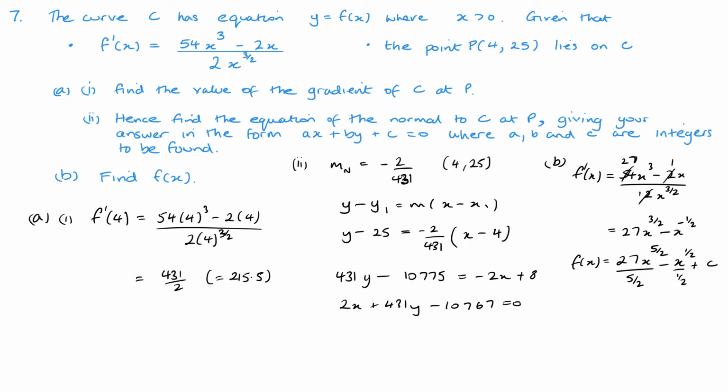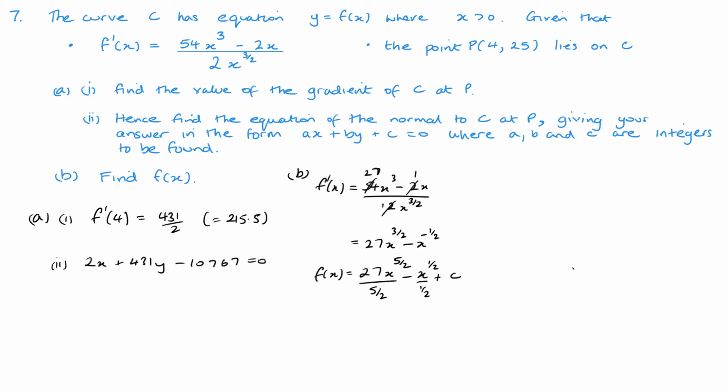So let me just sort out some space here. That's better. It's getting rather cramped in that corner. So f of x equals, so this is now 54x to the 5 over 2, and that's over 5. This would be minus 2x to the 1/2 over 1 plus c.